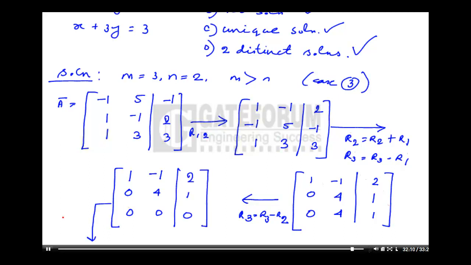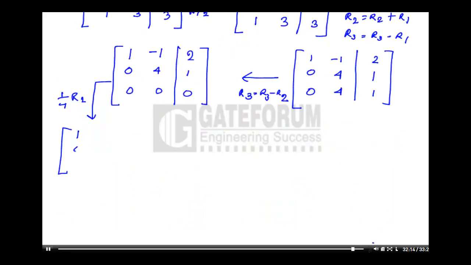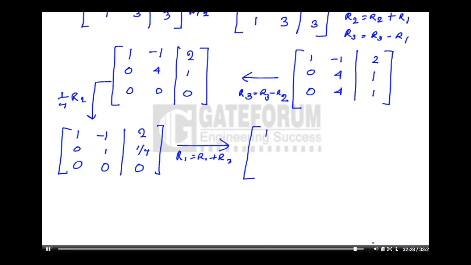Now 1/4 R2 gives 1, 0, 0, -1, 1, 0 and 2, 1/4, 0. Again we apply R1 equal to R1 plus R2 to get the row reduced echelon form: 1, 0, 0, 0, 1, 0 and 9/4, 1/4, 0.